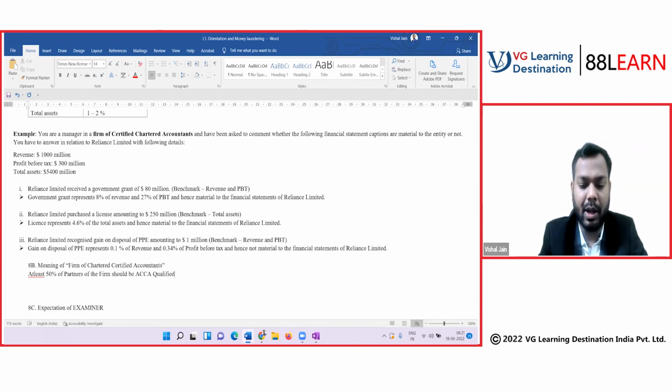It is then only an audit firm becomes eligible for registration as a firm of chartered certified accountants. Is it clear?